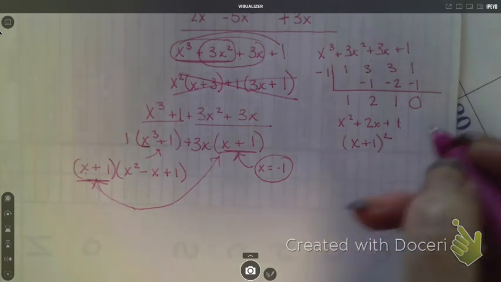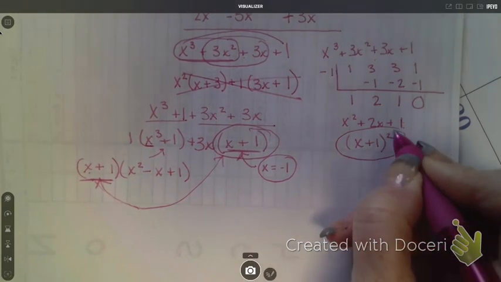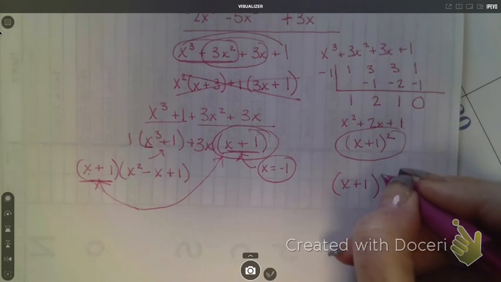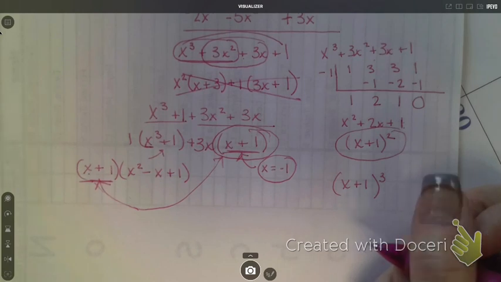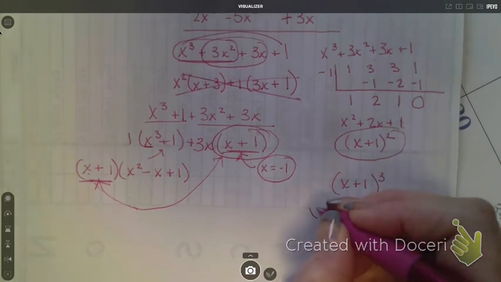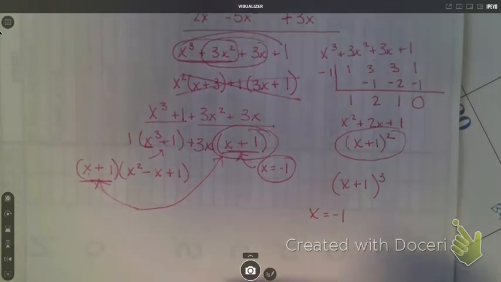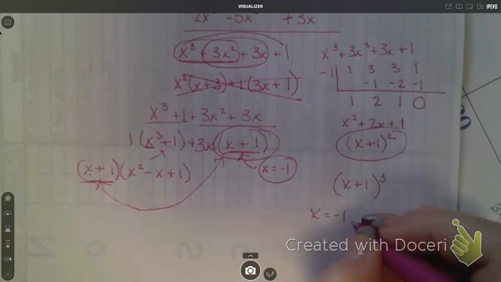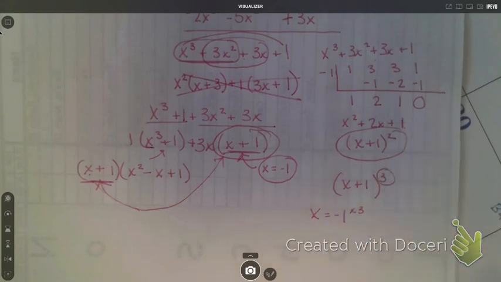So if I have x plus 1 over here, and I have x plus 1 squared over here, I have x plus 1 to what power? 3. And that's the answer? So all of the real ones are x equals negative 1. Now, do I go through or bounce off? A multiplicity of 3, so it goes through.